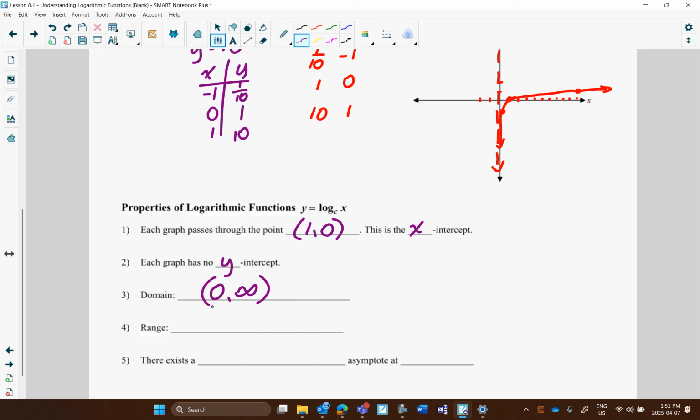And the range? Yeah. Everything. And like I said, with exponential functions, there was a horizontal asymptote. With logarithmic functions, there is a vertical asymptote, and it would be at x equals 0. The vertical line x equals 0, which is the y-axis.